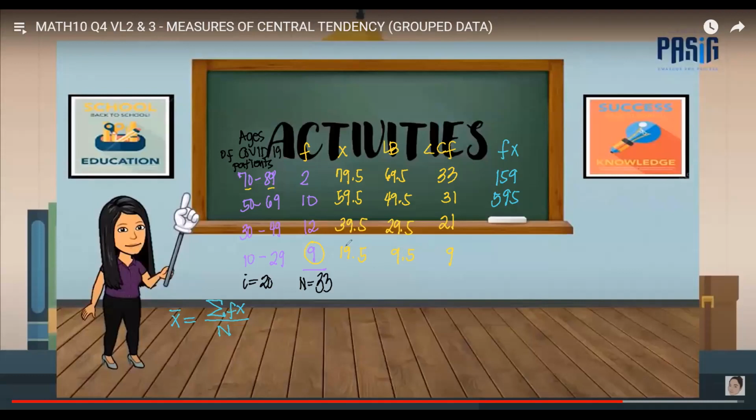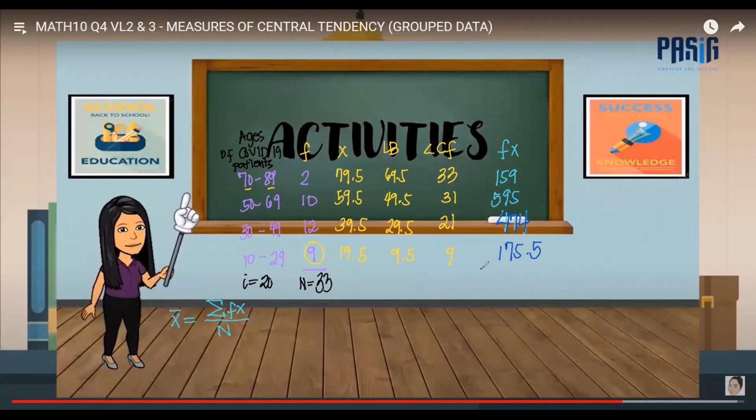Next, 12 times 39.5. Anong answer? 474. Correct, 474. And how about 9 times 19.5? Ano yung 9 times 19.5? 175.5, ma'am. 175.5, correct.